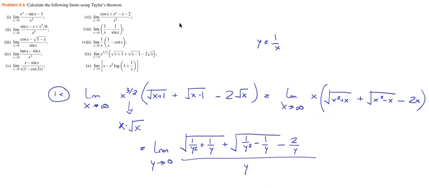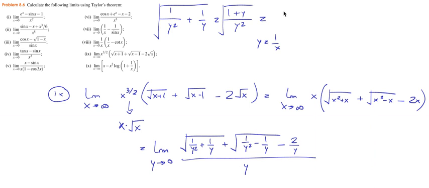So now the first thing is 1 over y squared plus 1 over y. You take everything in the same denominator, you have 1 plus y over y squared, and if you have the square root of this, this is the square root of 1 plus y divided by y.